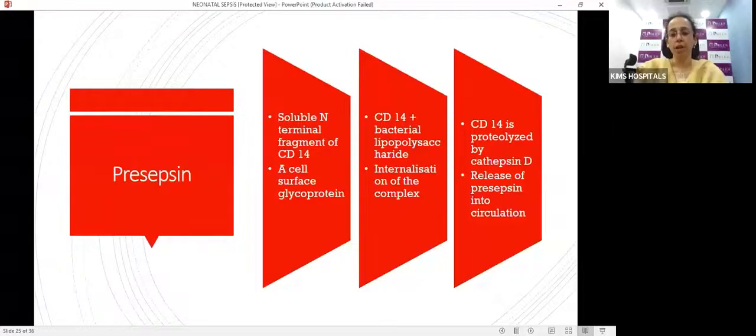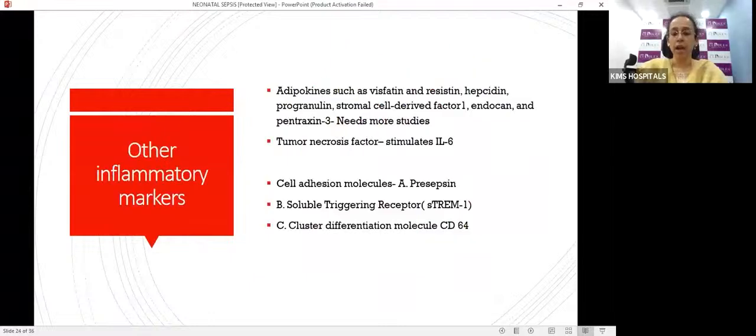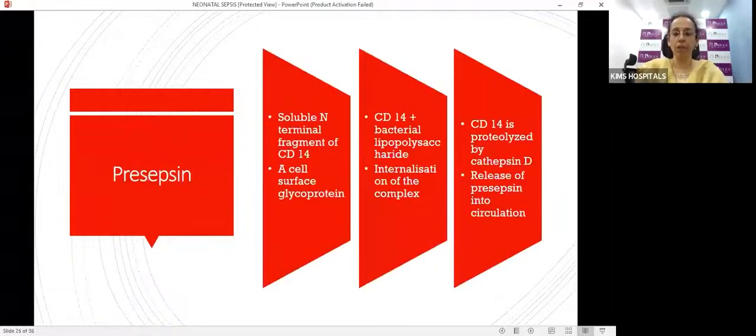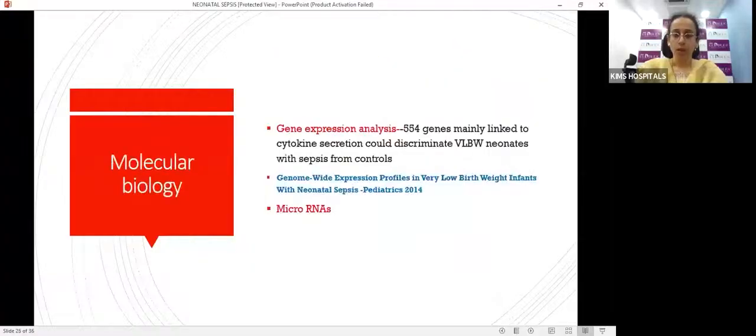Then the CD14 is proteolyzed inside the cell by cathepsin D, and then the presepsin gets released into the circulation. So that is how the identification of presepsin for early diagnosis of neonatal sepsis is being studied. So these are the different cell adhesion molecules which are being studied for the early identification of neonatal sepsis.